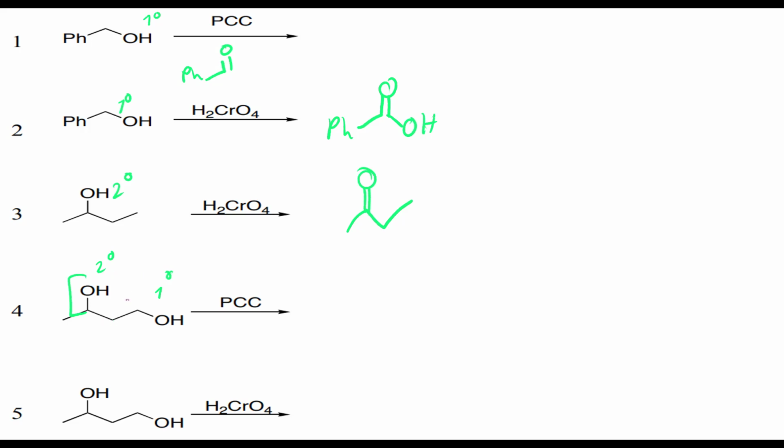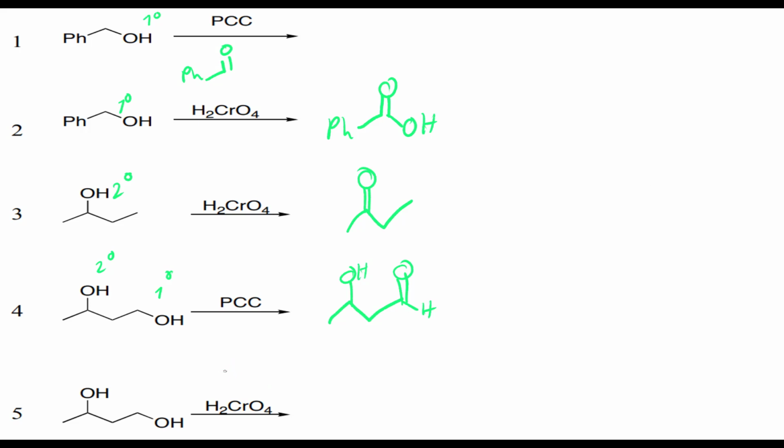Instead, you're gonna be focusing on the primary. And what do you get from a primary with PCC? You get an aldehyde, okay? So we should still have a secondary alcohol, but instead, we're going to have an aldehyde, I should say. So here we go. So we have an aldehyde, and we'll just add an H, right? So that's our answer.